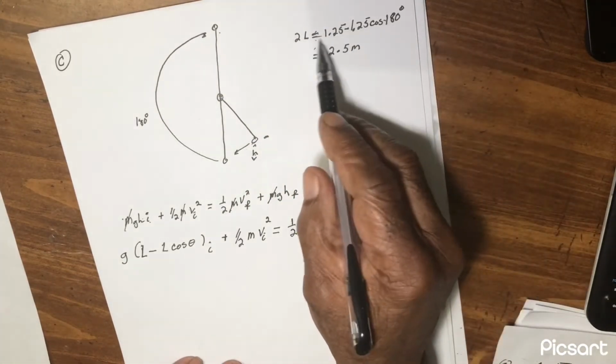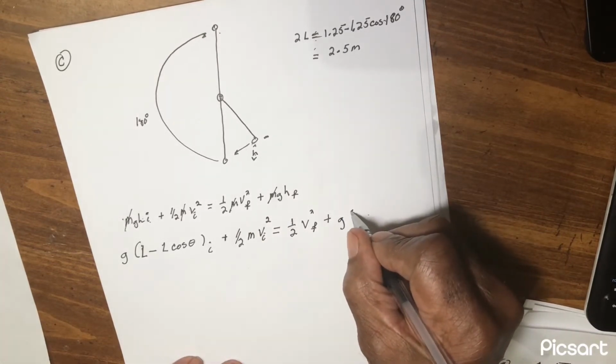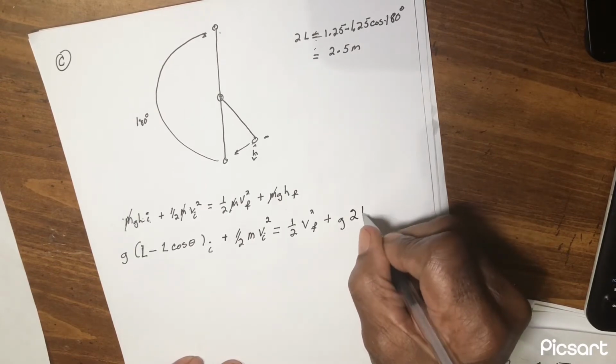This is the way you can get it mathematically, which is 2L.